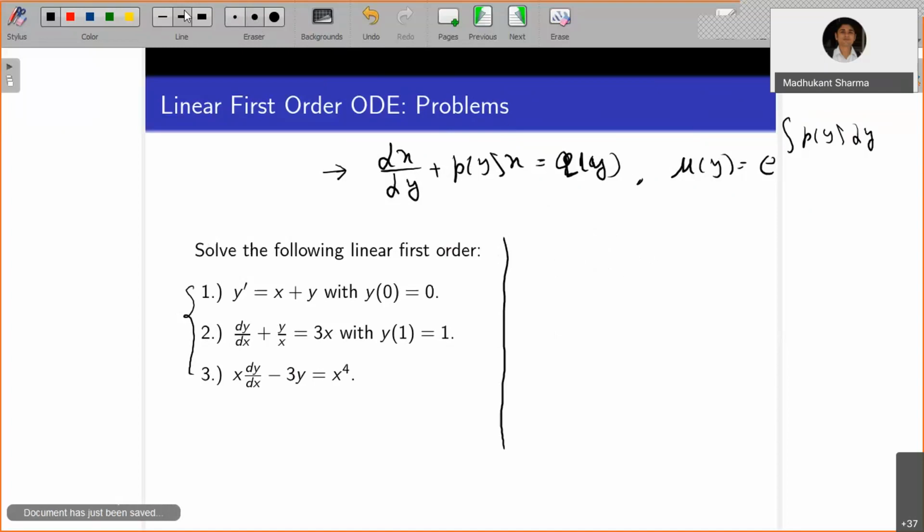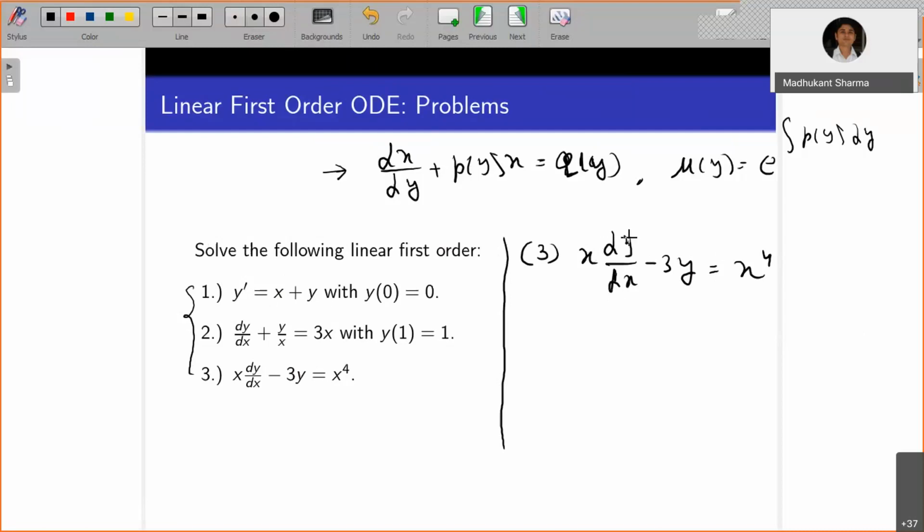The third problem is as follows: x times dy by dx minus 3y is equal to x to the power 4. The first and second problems are already in the standard form, dy by dx plus p of x y is equal to q of x. When you want to compare with the standard form, the dy by dx coefficient must be 1.